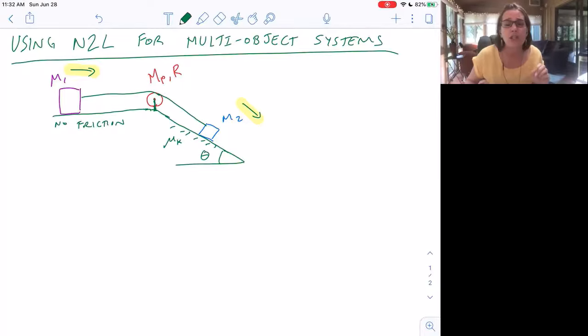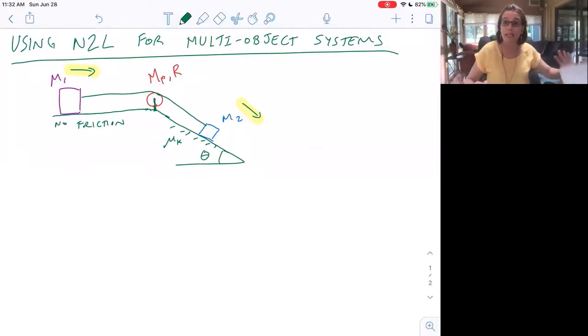Then you need to figure out which ones are accelerating linearly, whose centers of mass are just moving linearly, like we're used to with sum of forces equals ma, and which ones are pivoted and rotating, and that's going to use sum of torques equals I alpha. To write those equations of motion, we're going to do the same thing we've always done for each one, but now it's going to combine into one problem-solving technique.